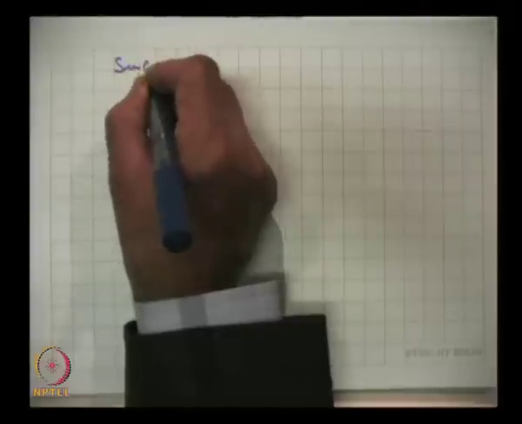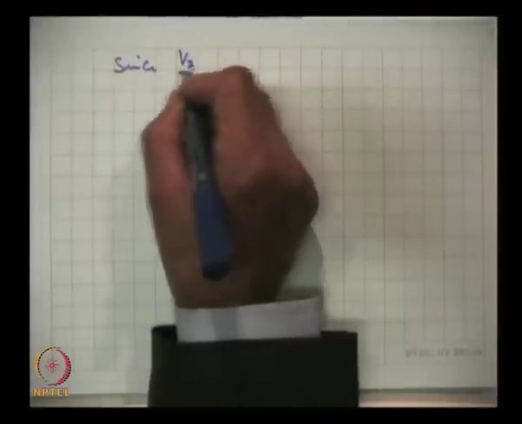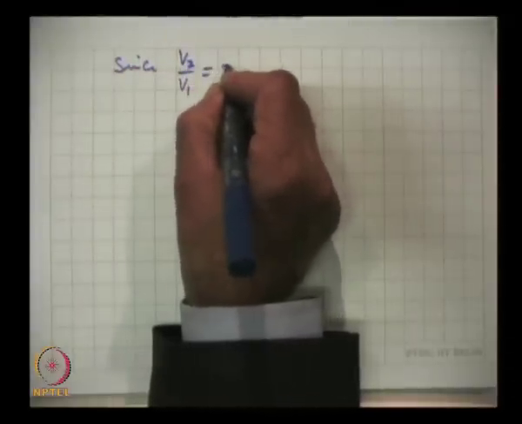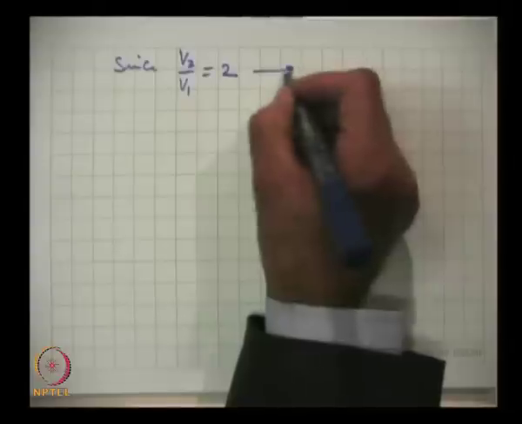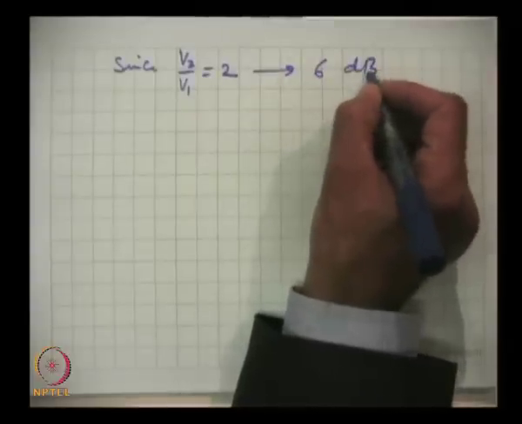And then the logarithmic rules are applicable, as I said, that makes the analysis and calculations much simpler. Let us take for example, we can use this fact that since V2 by V1, when this is equal to 2, it corresponds to 6 dB.